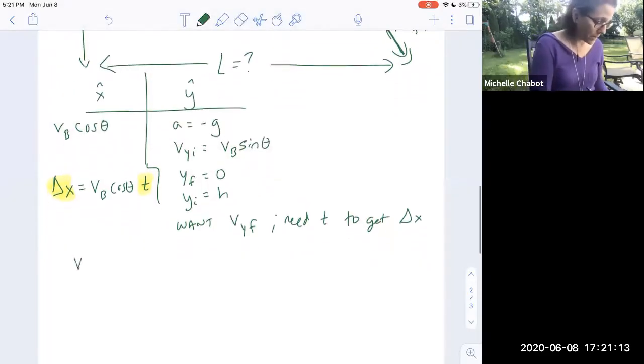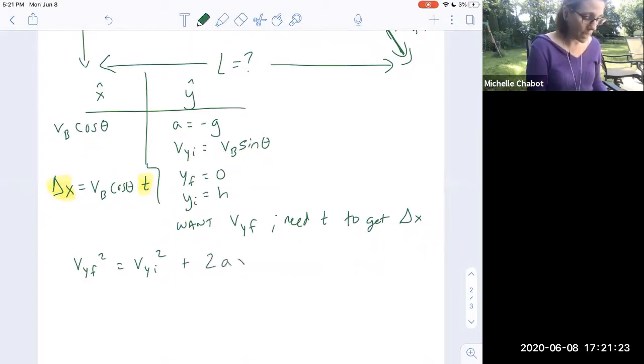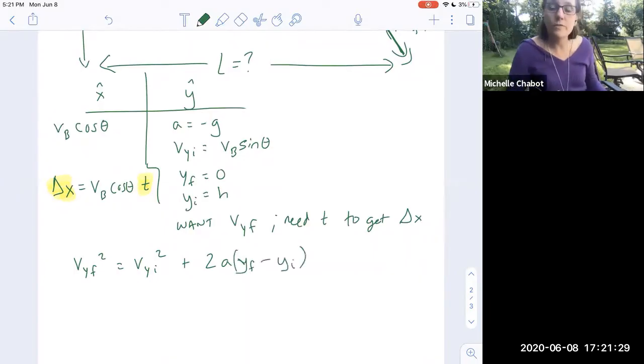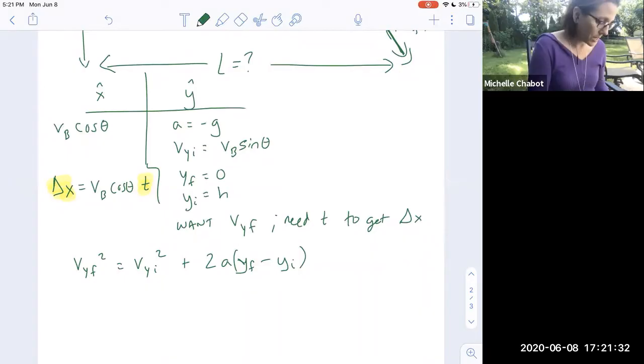So Vy final squared is going to be equal to Vy initial squared plus 2a delta y, so y final minus y initial. Now I can say Vy final squared equals Vy initial squared.